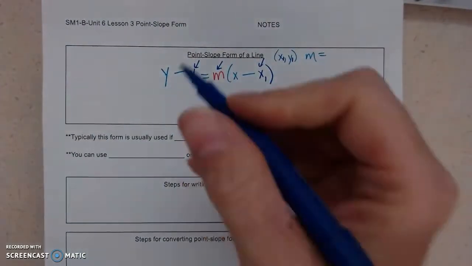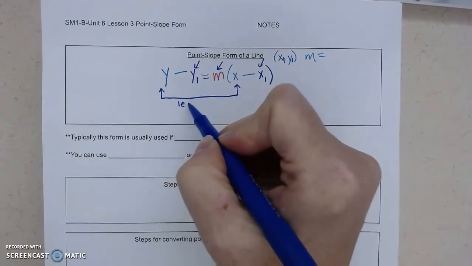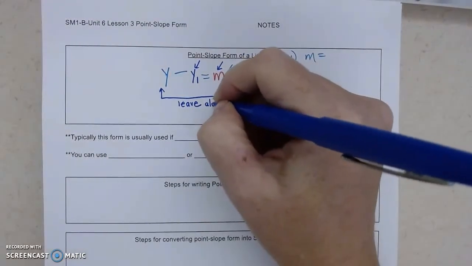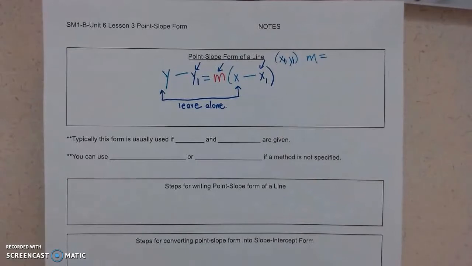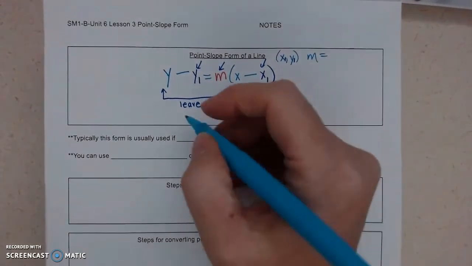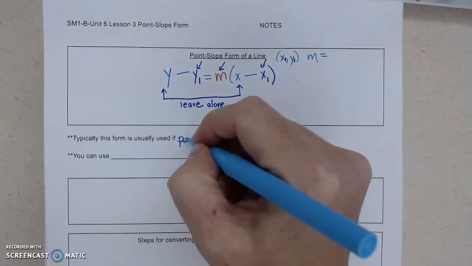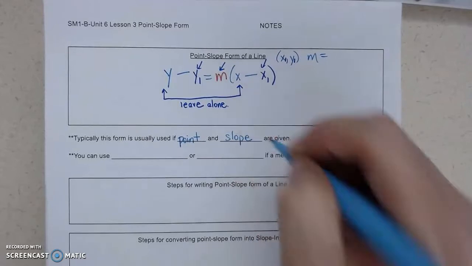But what I want you to notice is you are going to leave the first y and x alone. They need to stay in general. So you have an equation of a line. Typically this form is usually used if a point and slope are given.